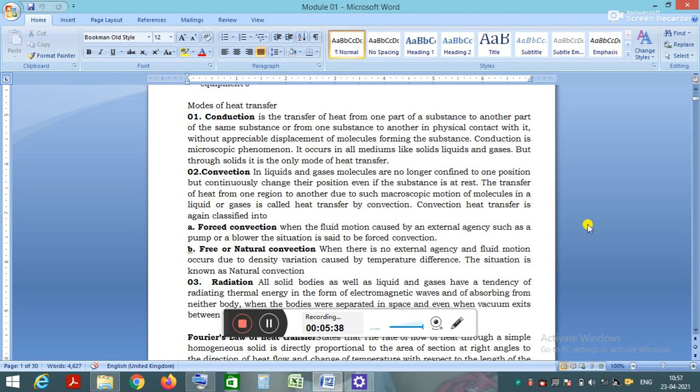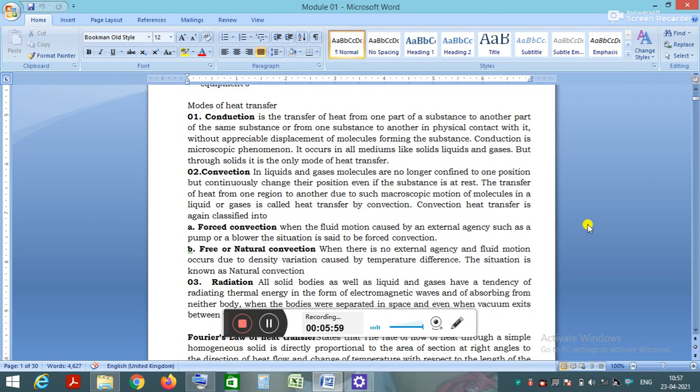Okay, again convection is classified. We studied that in the last class. Convection is classified into two categories: forced convection and free convection, also called natural convection.